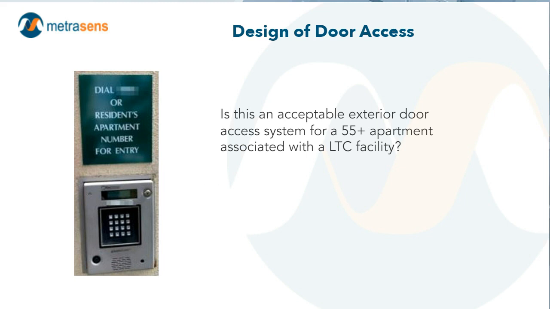So if you have a resident that forgets the number or can't dial the number on that keypad, or maybe they have lost their glasses like me, if I lose my glasses, I'm going to be hard-pressed in some cases to identify numbers, particularly where there's not such great lighting. But if someone's status has changed and they're locked out of their building and it's in the winter and it's freezing, or it's in the summer and it's very hot, you can have a life-threatening situation.